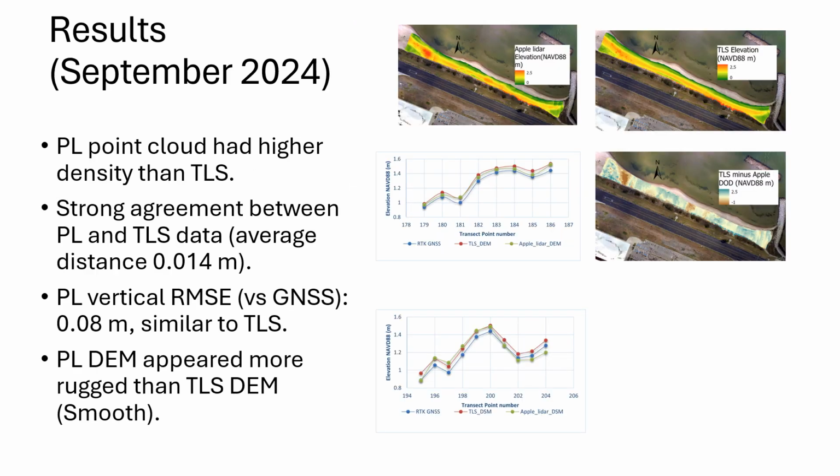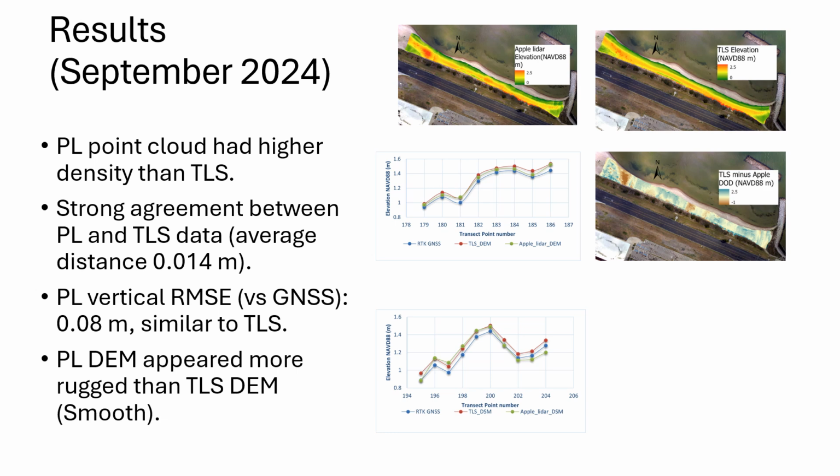For the September data sets, one of the important results I noticed is that the Apple LiDAR produced a rougher digital elevation model than TLS, and we can see some inconsistencies in the DEM produced by Apple LiDAR.